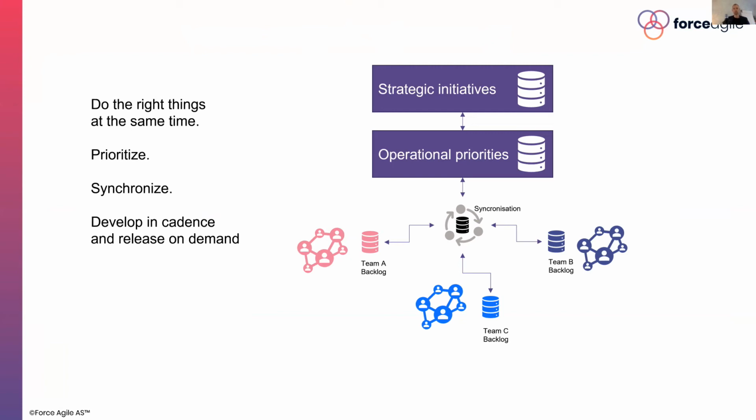You synchronize the work between the teams by having operational priorities, what the organization would like to develop, and you synchronize the requirements from those operational priorities within the teams and between the teams, and you sync the team working so that the value stream and the customer focus always is on top. Or what, Andreas? Yeah, that's true.